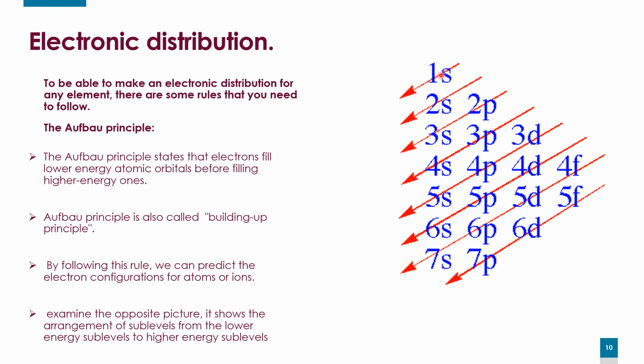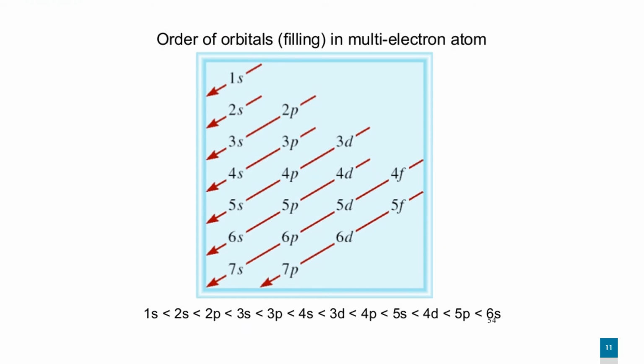Electrons are going to fill the 1s first, then the 2s, a little bit higher in energy than 1s, then 2p, then the 3s, then 3p, then the 4s, then 3d, 4p, and 5s, and so on, like this one.